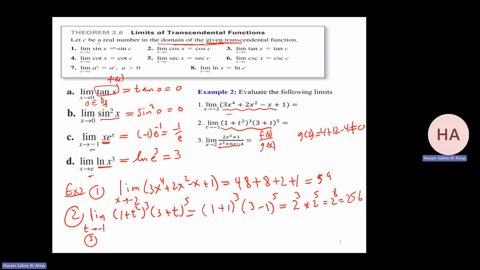So how to find the limit of this? We just substitute. You get 2 times 4, 8, plus 1, over, we just calculated, 12. That's 9 over 12, which is 3 over 4.